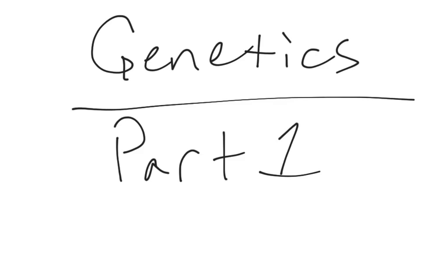His original work wasn't really well accepted when he first did it. It wasn't until 30 years or so after he did his initial research that people started to catch on to what his findings were from his research.